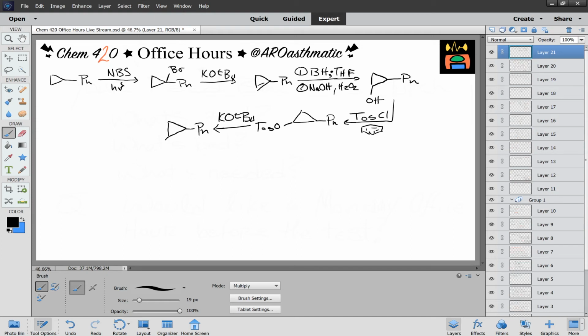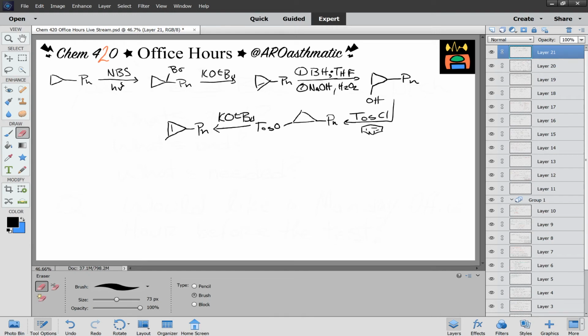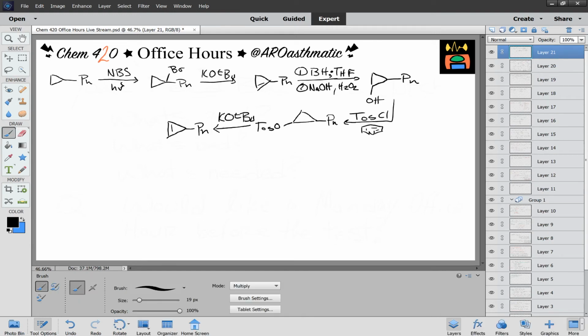And now we're going to start cooking with gas because we have our alkene. Here, we're going to do a dibromination with Br2, bromine.